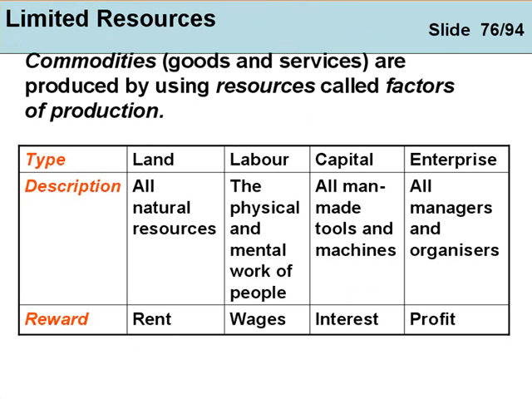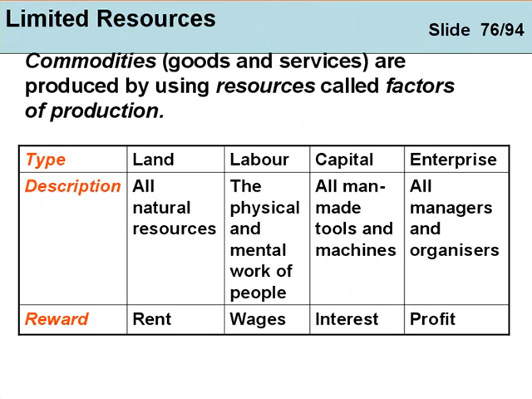Then we have labour, which is the physical and mental output of workers. The return to labour is wages. Capital is all man-made goods and machines. It's really past labour captured in items of production, items that we use for production.